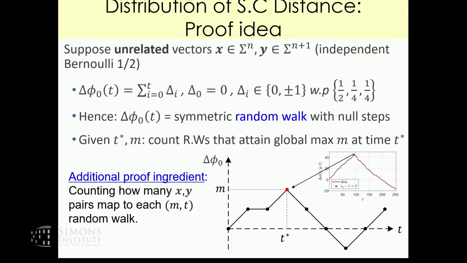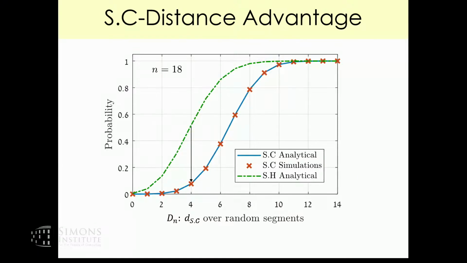Now, using that analysis, we can compare our new distance to the existing distance, which we have in green. What we see here is the CDF of that distribution. The way to look at it is, suppose we pick some threshold that we need for the proper alignment, let's say 4. Now we want to compare the two distances in terms of false alignment.